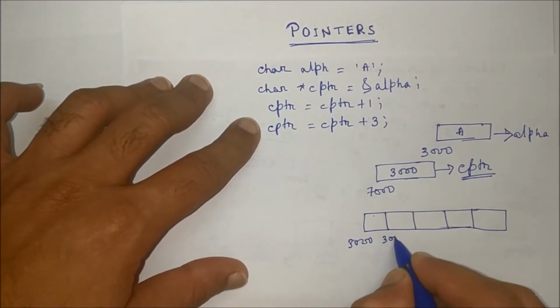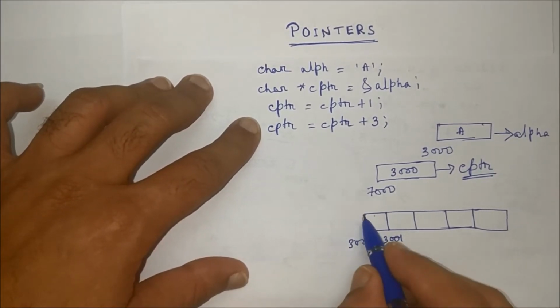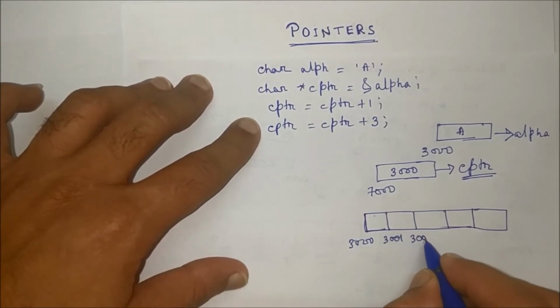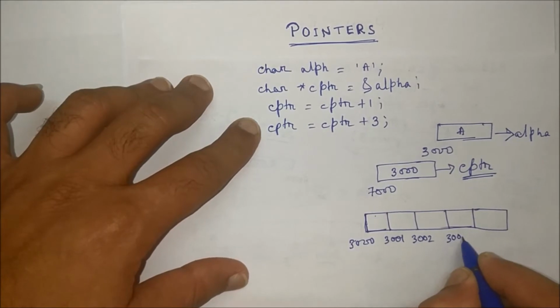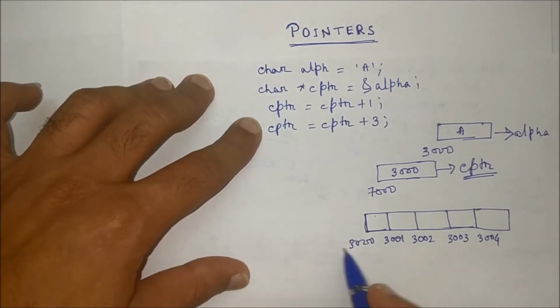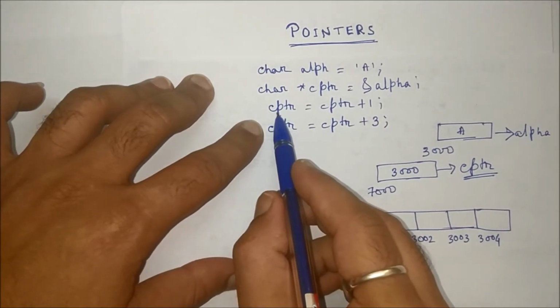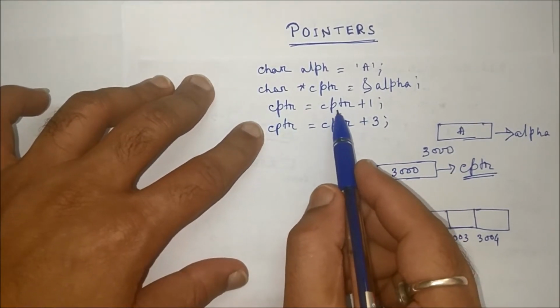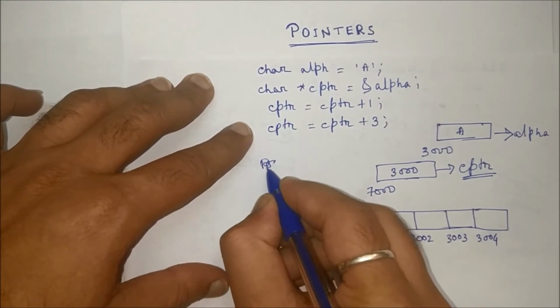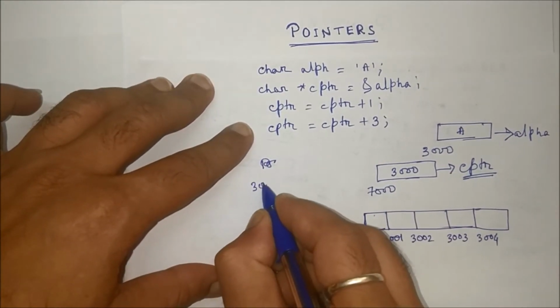That will be 3001, right? Because each character gets 1 byte. So this will be 3002, 3003, and this will be 3004, right? So now, how will this statement work? This cptr is returning 3000, right?